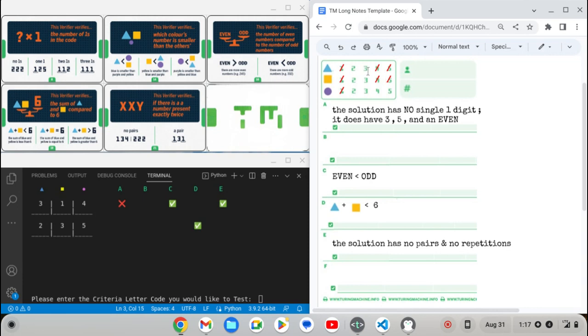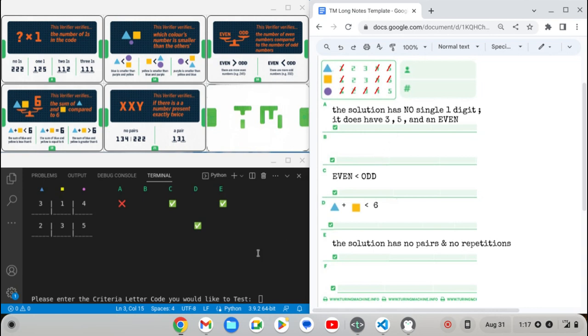There are no duplicates, so it's either 2, 3 or 3, 2, and again, that forces circle to be the other odd. So can't have a 2, can't have a 3, because that would be a repeat. We've already established that there's already a 2 in our even, so it can't be 4. So it forces circle to be 5.